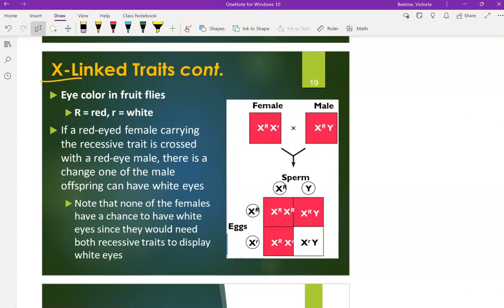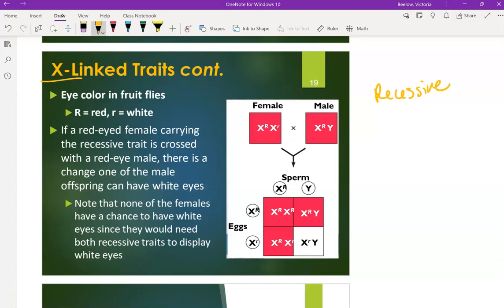Here's another example of an X-linked trait, this one's also recessive, in fruit flies, actually eye color, believe it or not. Most fruit flies have red eyes, but some of them can have white eyes.